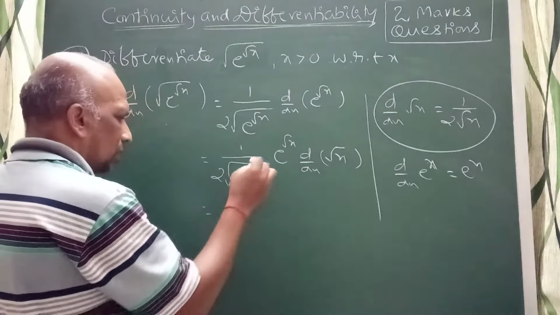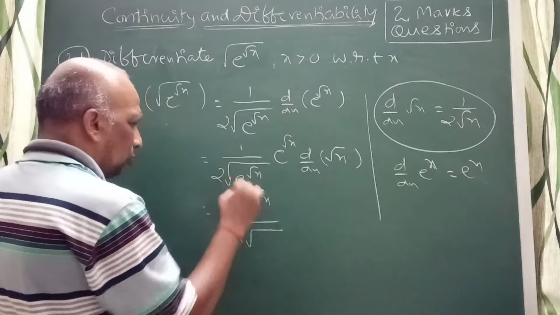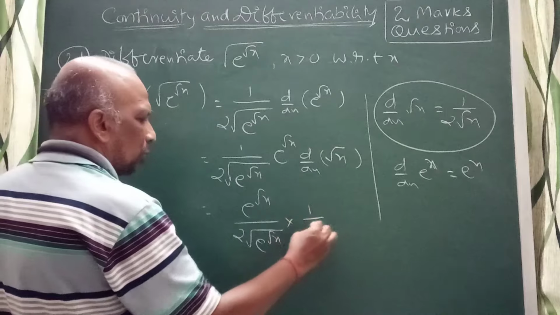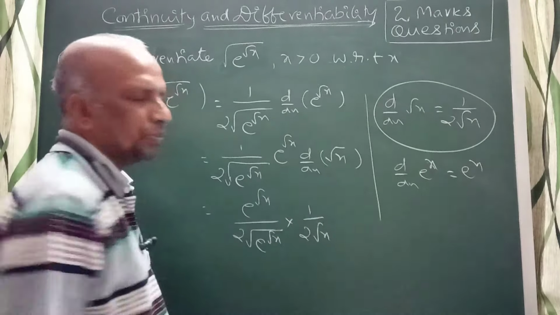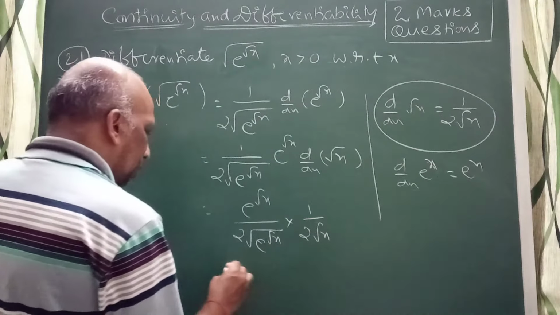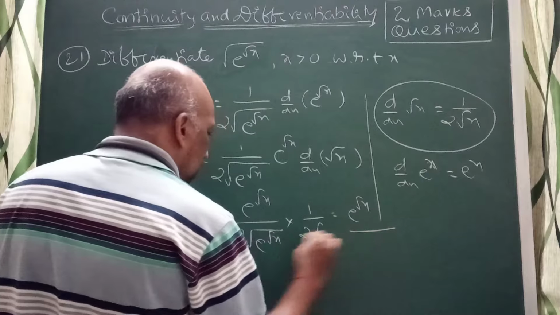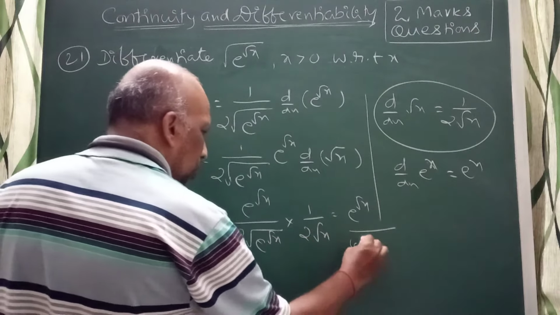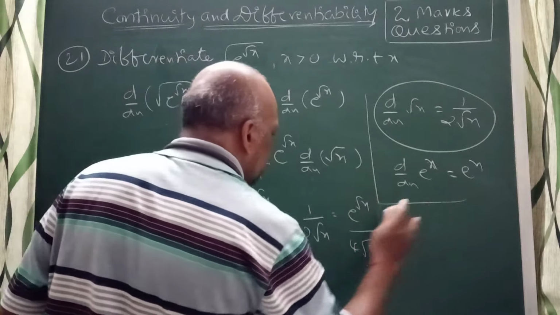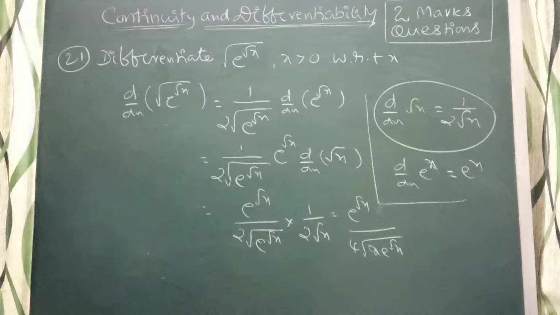Now I can write this one: e power root x by 2 root of e power root x. The derivative of root x is 1 by 2 root x. I can stop here. If you want, I can write this as e power root x by 4 root x into e power root x. I can write like this.